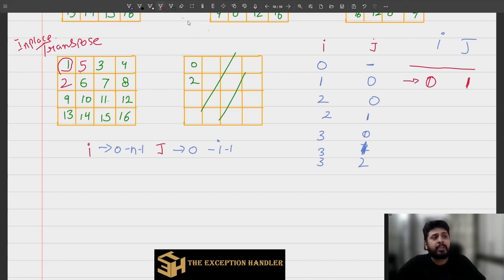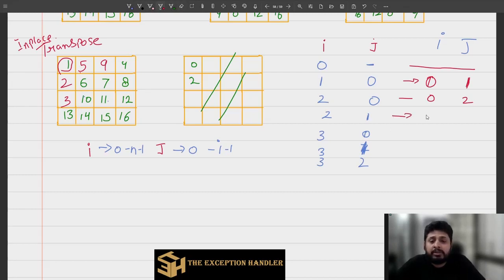Now my next swapping would be 2 comma 0. 2 comma 0 would be swapped with 0 comma 2. Let's do that. So 2 comma 0 is this part, will be swapped with 0 comma 2. So my 3 would come over here and 9 would go over here. Now my next swap is 2 comma 1.